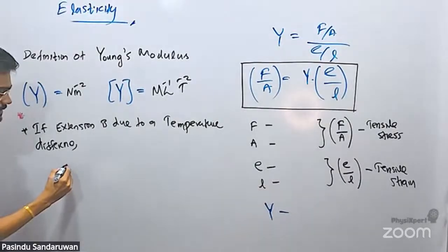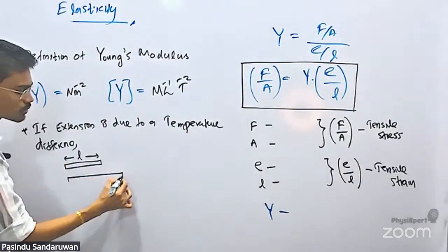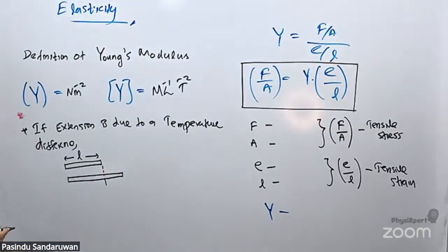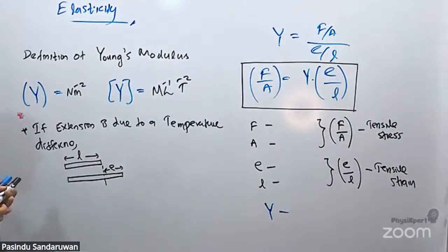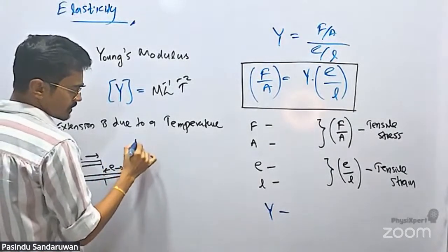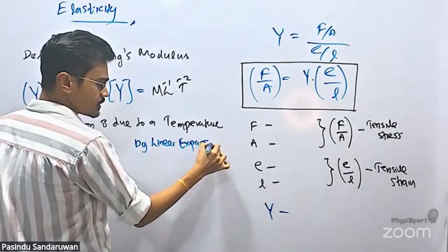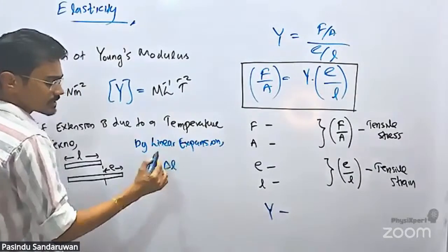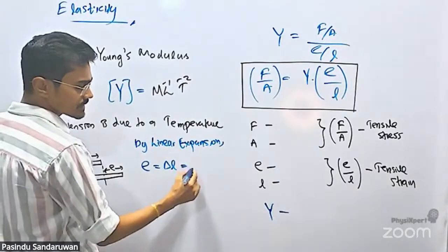Now, let's say due to a temperature difference, this original length L was increased to this. Now, this has to be E, right? But from linear expansion, we know this same extension can be written as delta L, the change of length, that is L1 alpha theta.